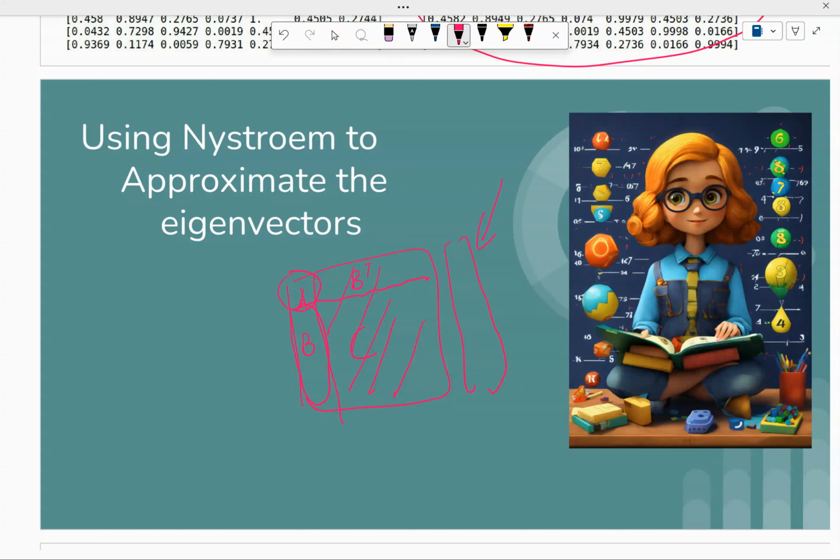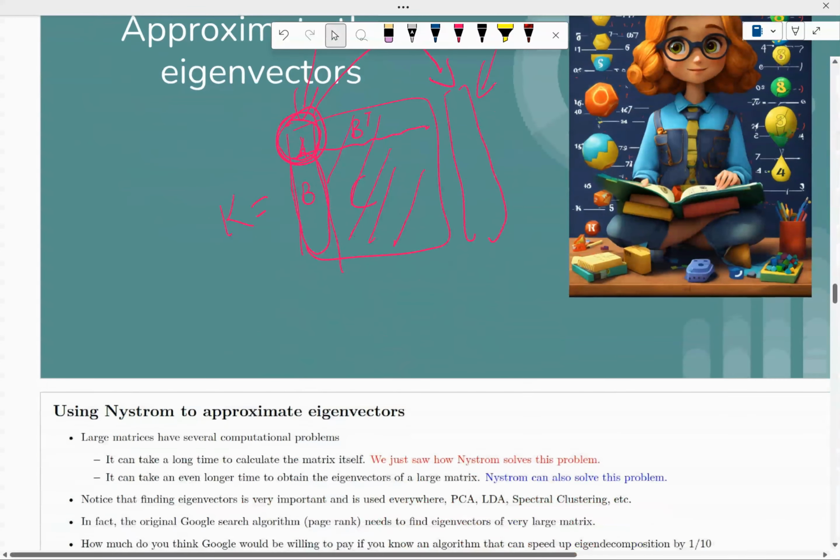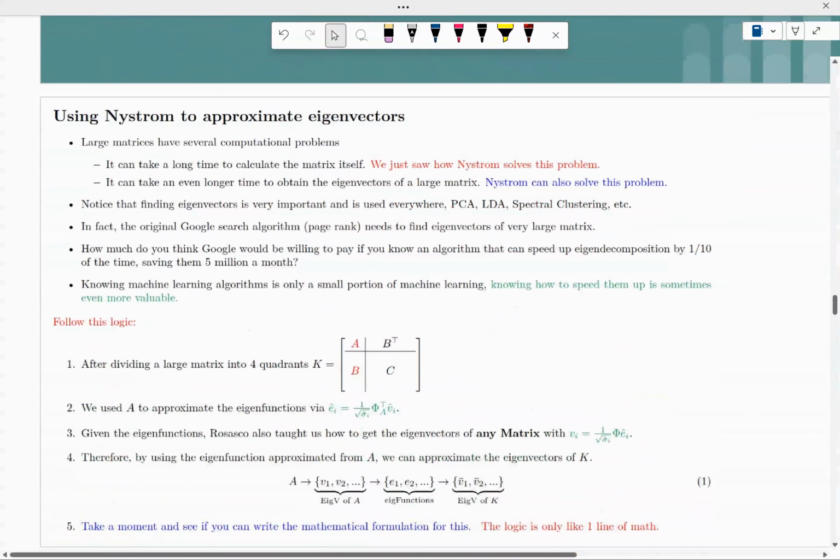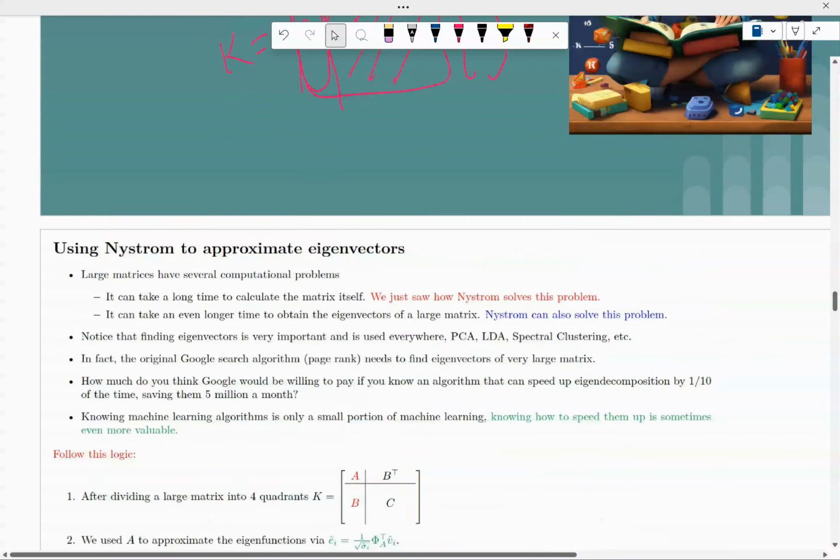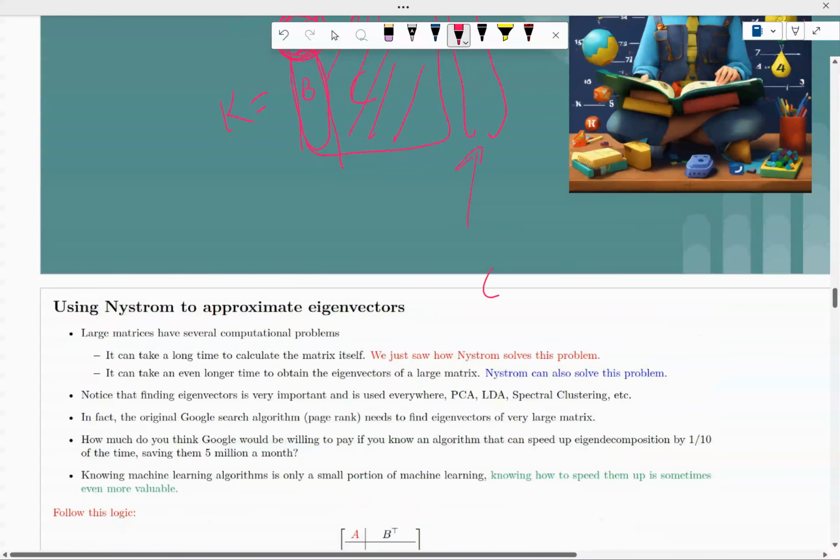So the second way to use Nystrom is essentially to use the eigenvectors of A to approximate the eigenvectors of the entire matrix K. So that's the second way. A larger matrix could be very, very expensive, and the eigendecomposition process, finding the eigenvector, has big O of n cubed.